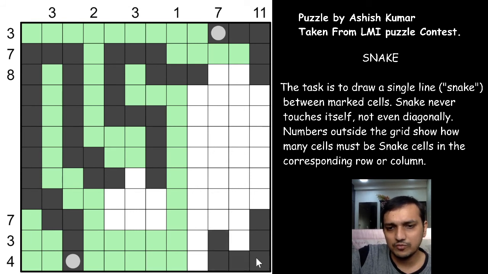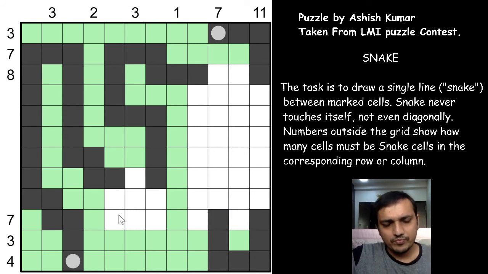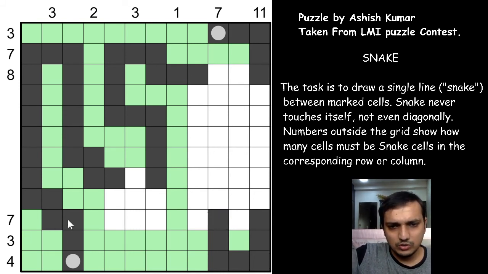So the only way for the U to be formed is this way, and 3 has to go up. Now if you see all these cells, 1, 2, 3, 4, and out of those 2 cells, one of these cells will be used by the snake cell at a maximum. I am saying at maximum, one of these 2 white cells will be used as a snake cell.